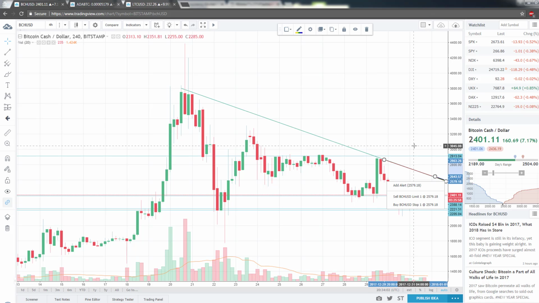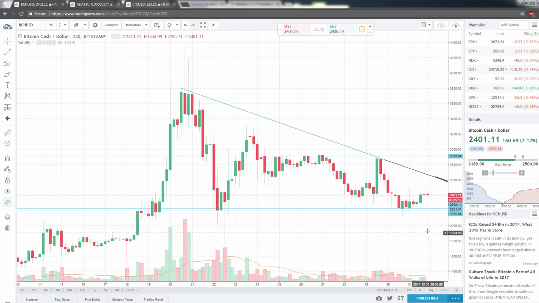If you're already in it from below, if you bought here, then these candlestick patterns right here are showing that they're probably going to take another run down, probably to this support level, so you might want to exit. If you have bought at this support level, you might want to exit or sell half.